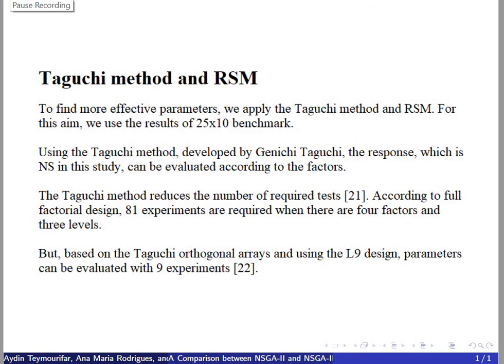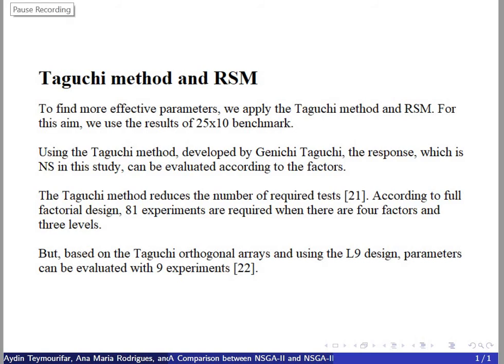Based on the results and the corresponding p-value, it is possible to say that the results are distributed normally. And also, it is concluded that the results of NSGA-III and NSGA-II are different.